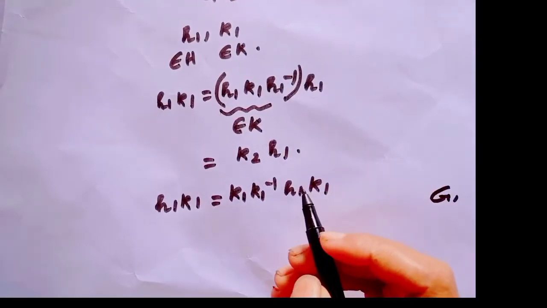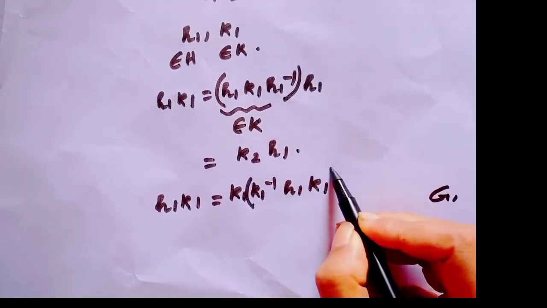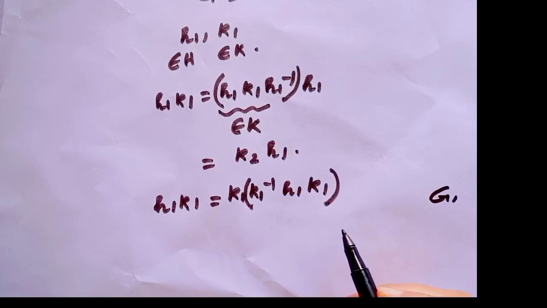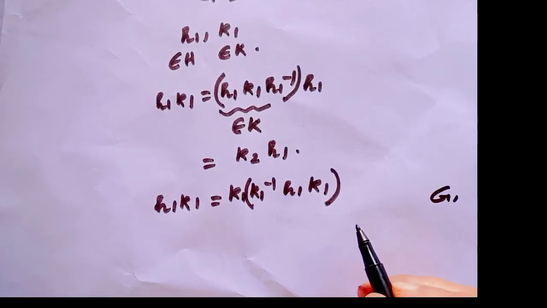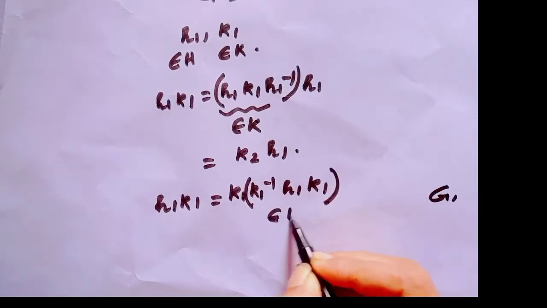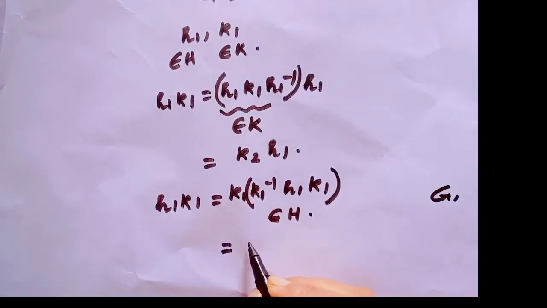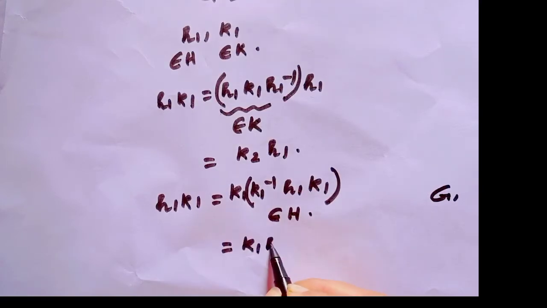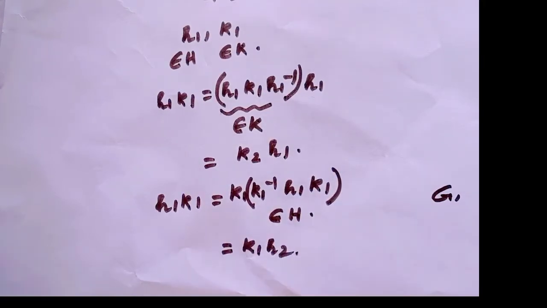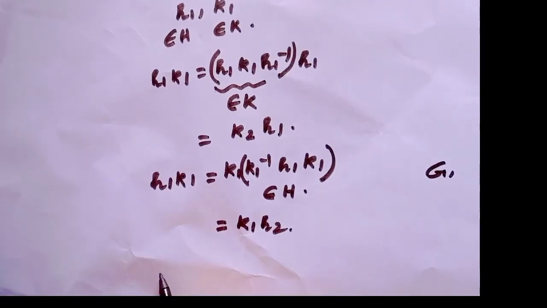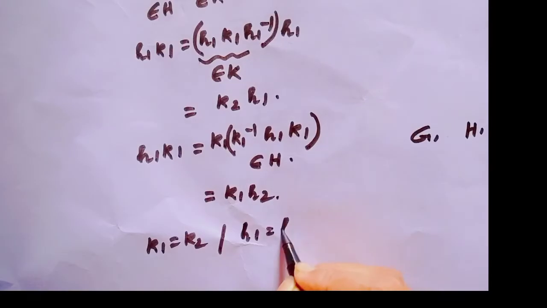Okay? And if you group this part, since H is also a normal subgroup in the whole group G, this would be a member of capital H. So we can also write this as k1 h2. Okay? So from this relation, we can write k1 equal to k2 and h1 equal to h2.